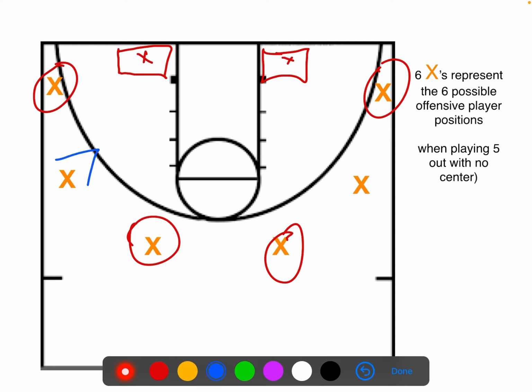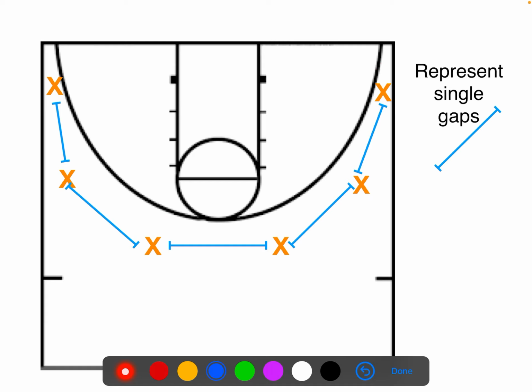And then we have 2 spots that we kind of call our spacing spots that help us when someone fingers cut, help us space so we don't have 2 guys sitting in the corner or different situations like that. But on the court, really, like it says, there are 6 spots on the perimeter that someone could be, and 2 spots down in the post where someone could be. All right, so that's the first thing to understand. Where are the possible spots that we could be on the floor?